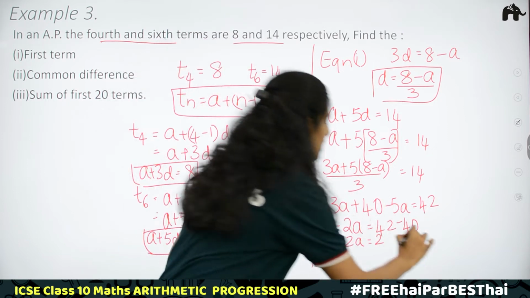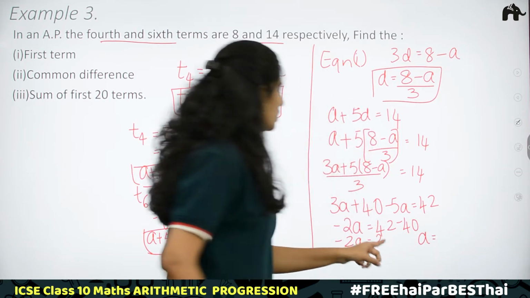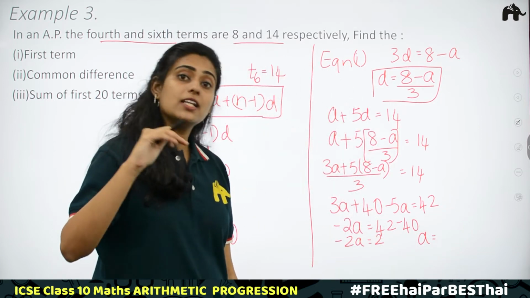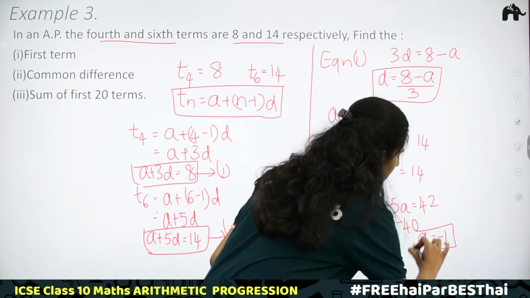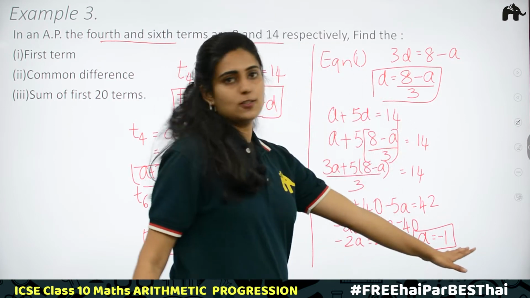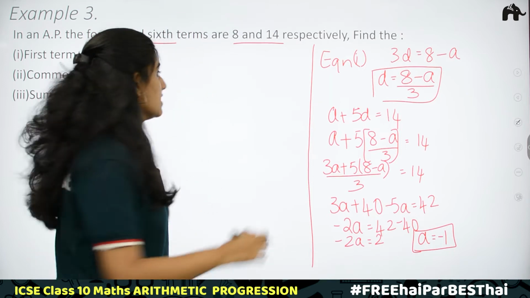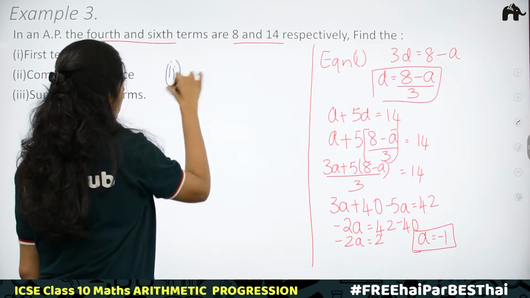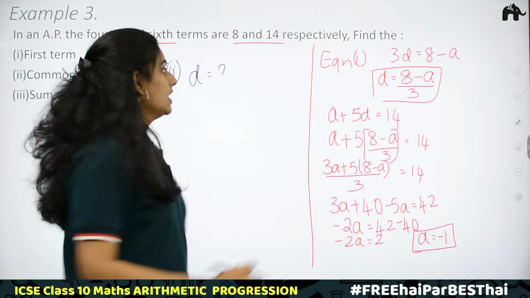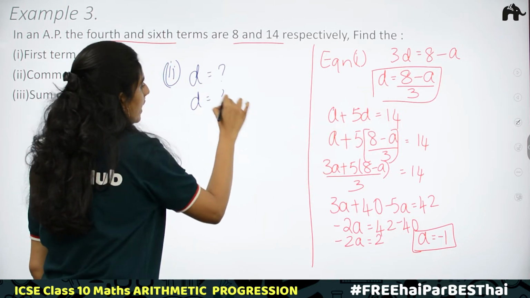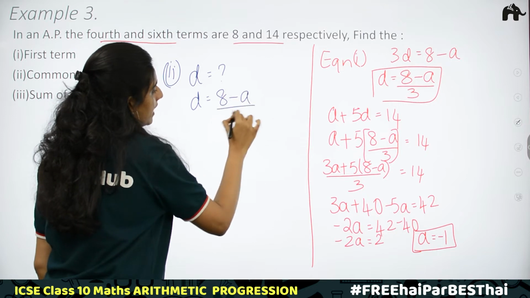From which we get A is equal to 2 divided by minus 2, which is minus 1. We got the value of A: A is equal to minus 1. Next, for the second question, we have to find the common difference D. We have a formula: D is equal to 8 minus A divided by 3.